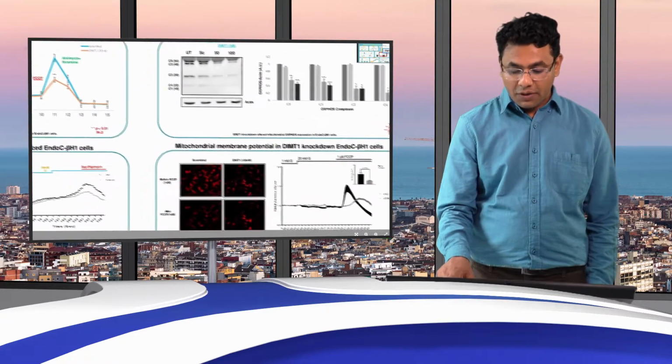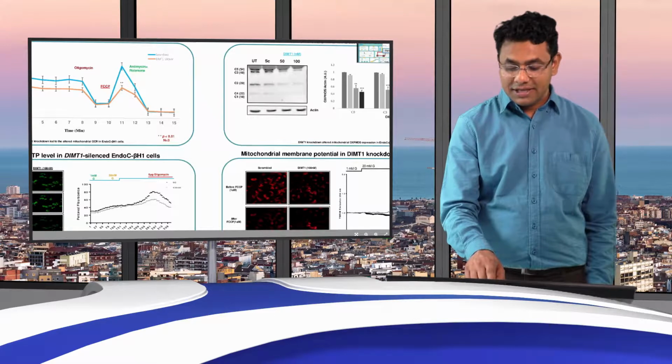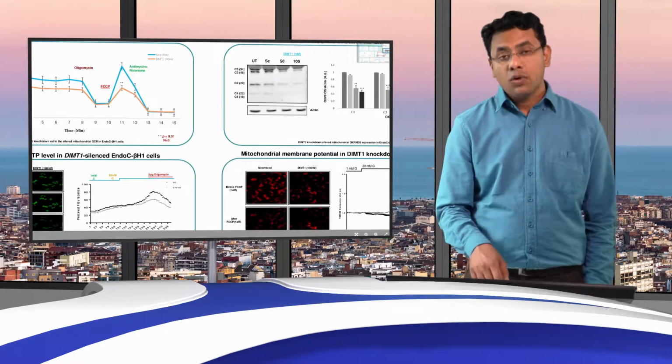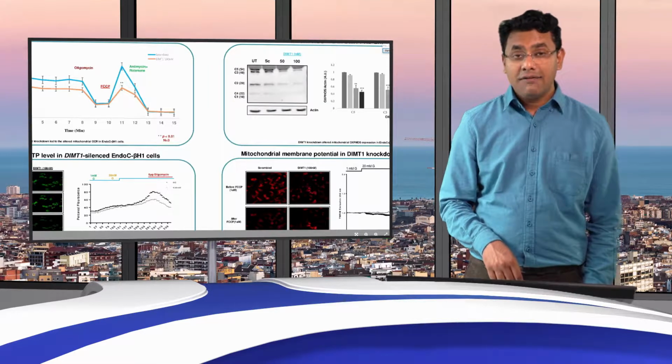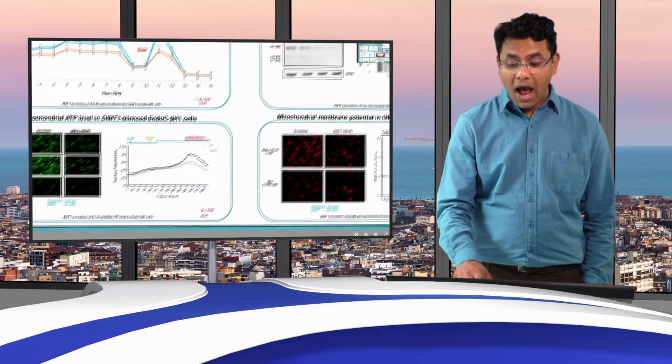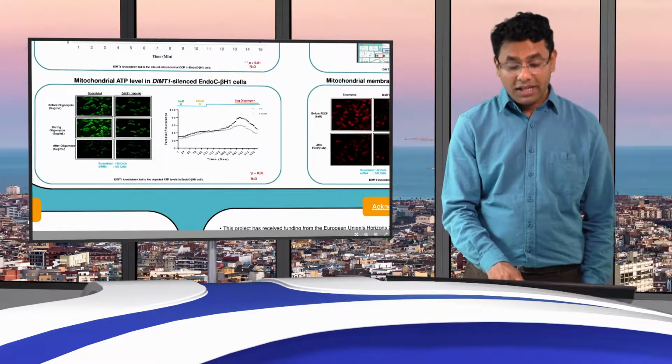Since you can see the C5, which is ATP synthase, we were curious to check whether DIMT1 affects the level of ATP, because ATP is required for the secretion of insulin in the beta cells.